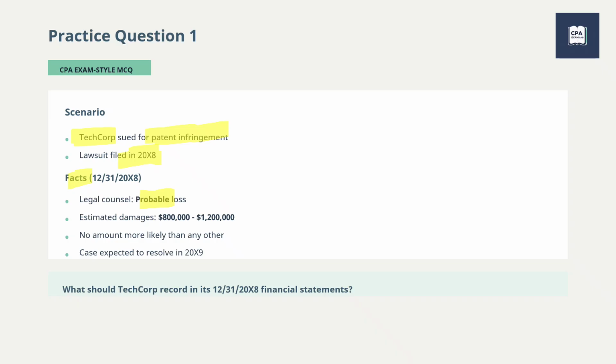Remember from our PRR rule, if it's probable, we record it. He gave us an estimate: between 800,000 and 1.2 million, with 1.2 million the maximum, and it's expected to resolve in year 9. The question is asking, what should Tech Corp record in its year 8 financial statements?